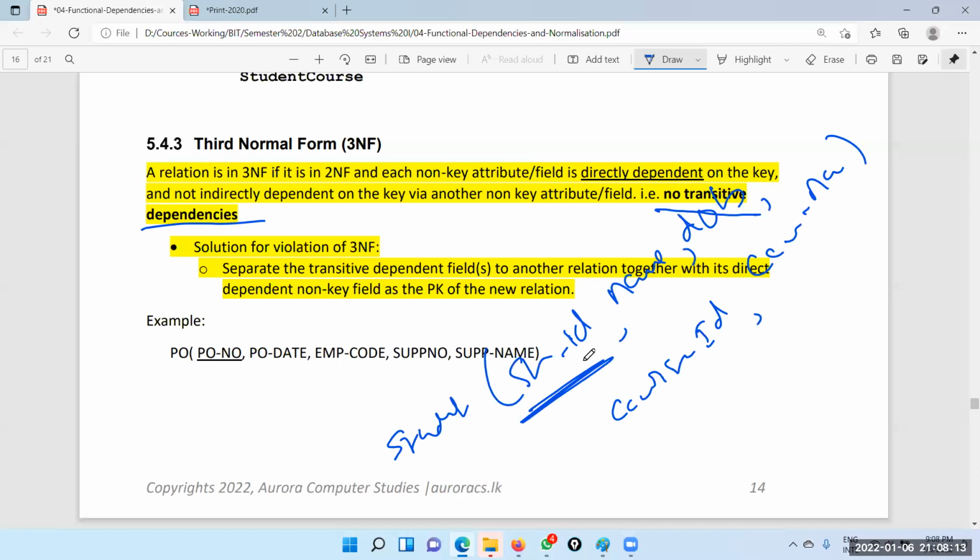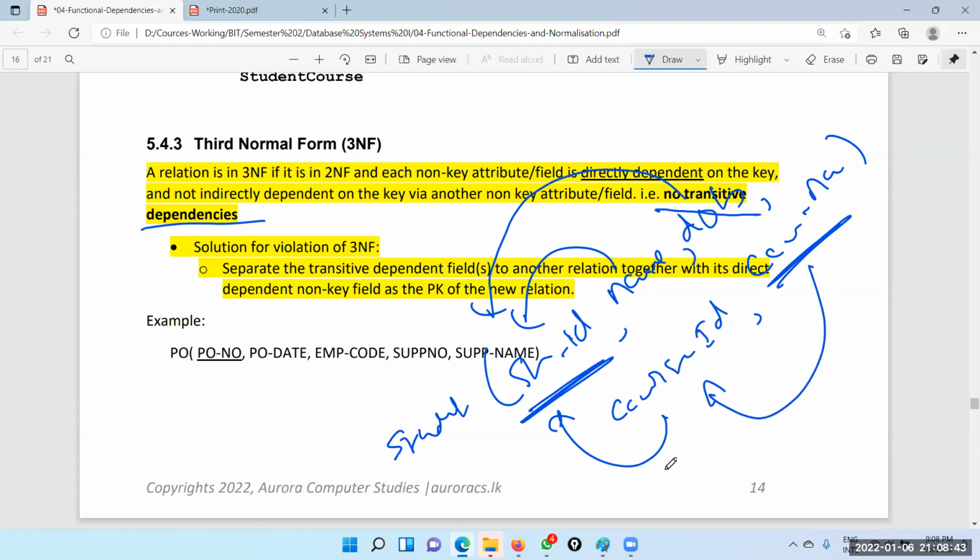Now, the third normal form says your non-key fields must directly depend on the primary key, not indirectly. Right. Now, you can clearly see that name directly depends on the student ID. Date of birth directly depends on the student ID. Even course ID directly depends on the student ID because that is the course done by the student. But if you look at the course name, it is not something directly dependent on the student ID. It is depending on the course ID, and course ID depends on the student ID. So this is definitely a transitive dependency.